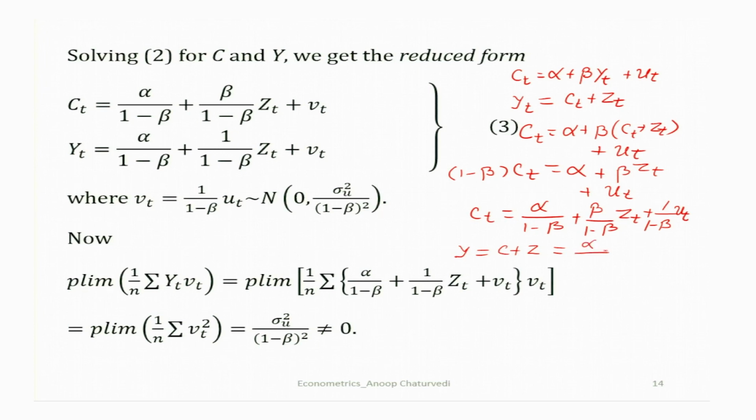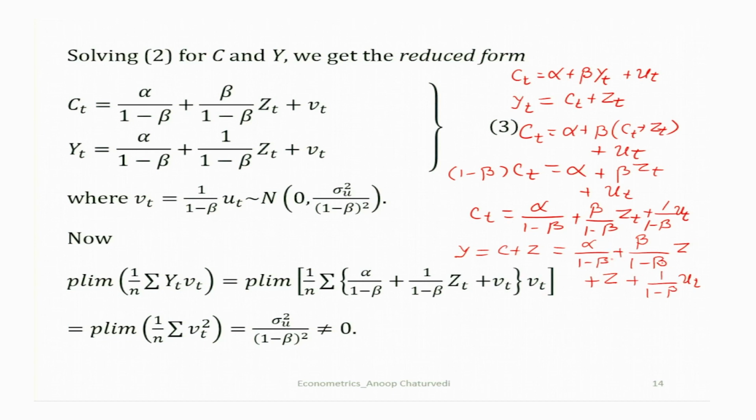So, you get alpha upon 1 minus beta plus beta upon 1 minus beta z here, and then you have one more z here plus 1 upon 1 minus beta u t, and then we solve it for y.